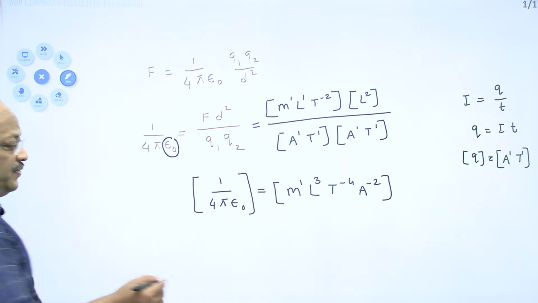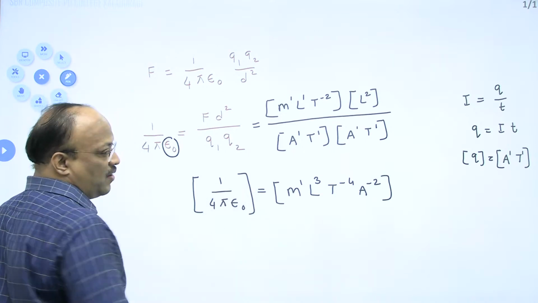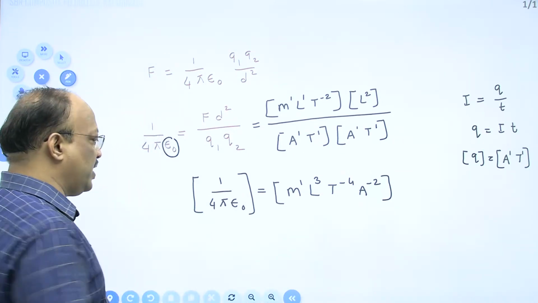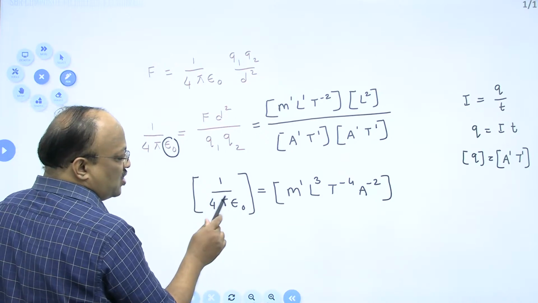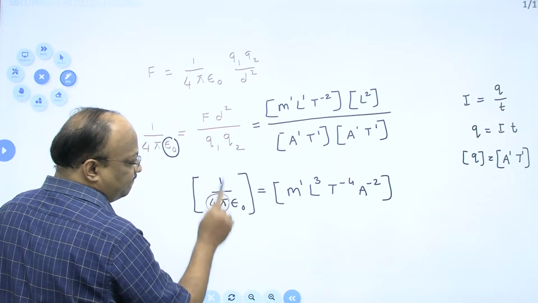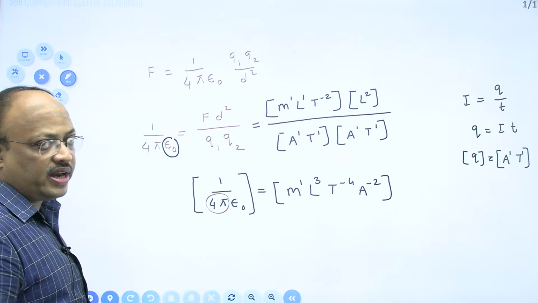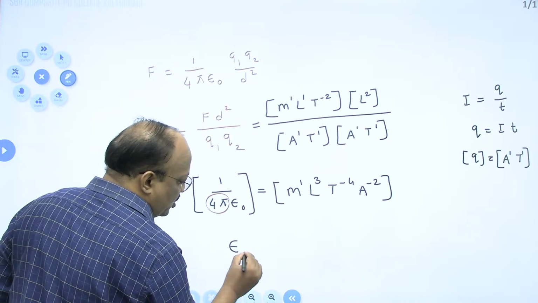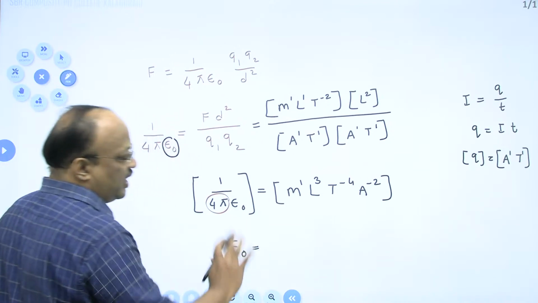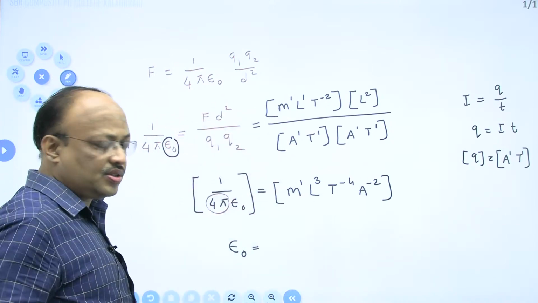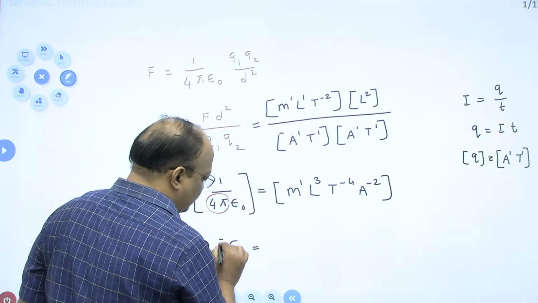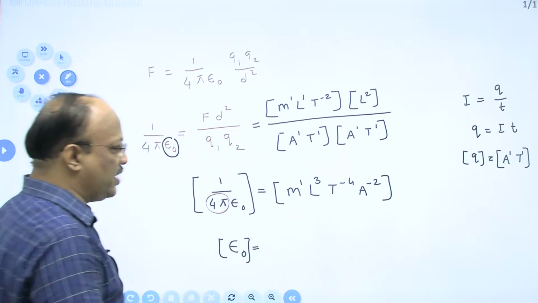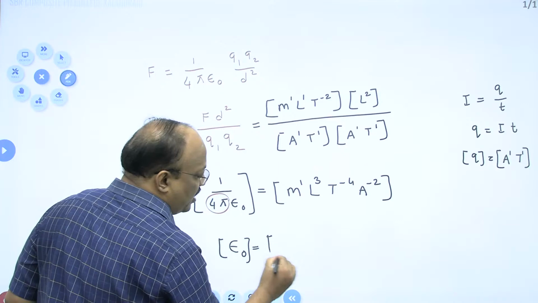So if I write the dimensional formula for epsilon naught, for permittivity, these two do not have any dimension. So the dimension of epsilon naught is exactly the inverse of this, because 1 by epsilon naught is exactly the inverse. What will this be?